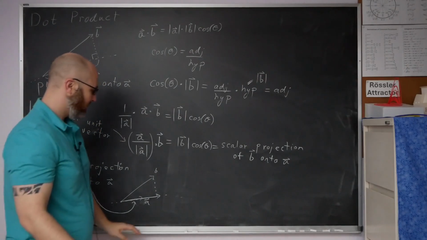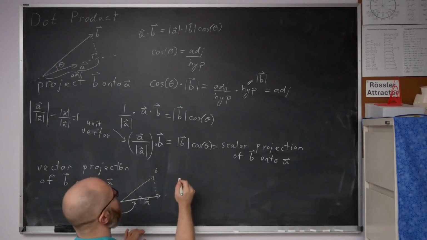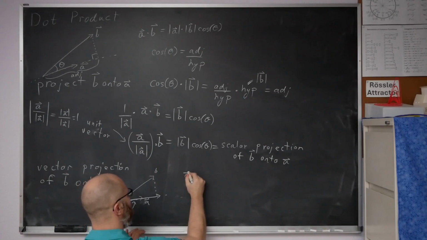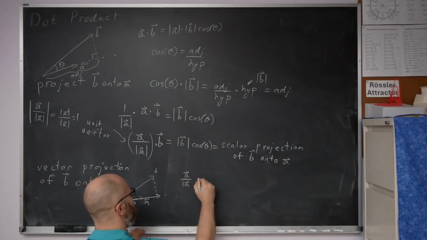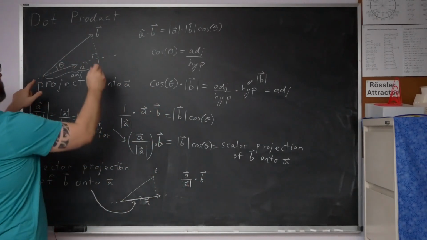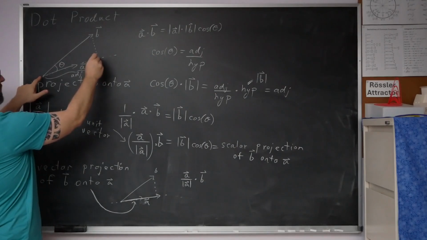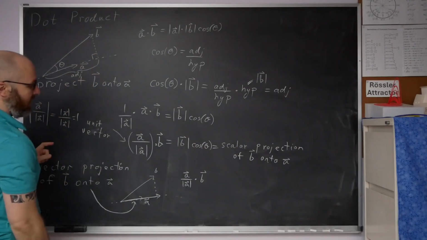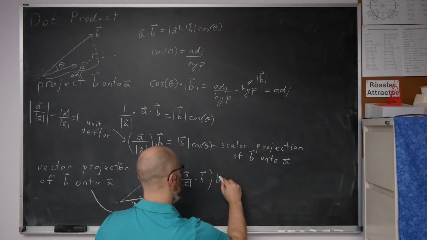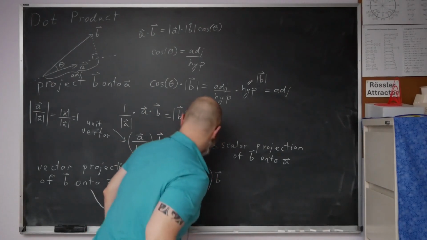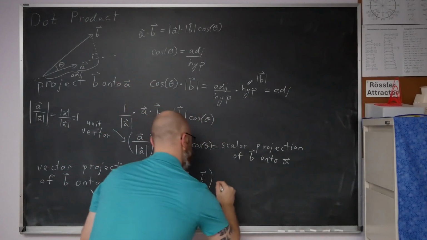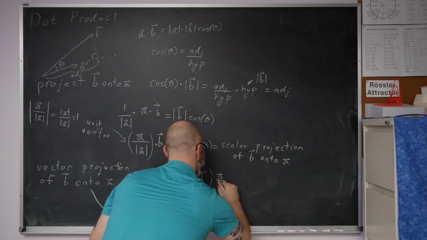So it ends up being, if I take A over magnitude A, dot product that with B, that gets me this length here. And then I'm just going to multiply that as a scalar to the vector A over magnitude A.